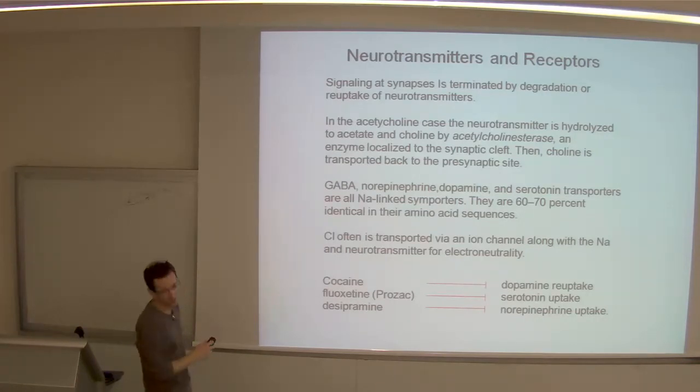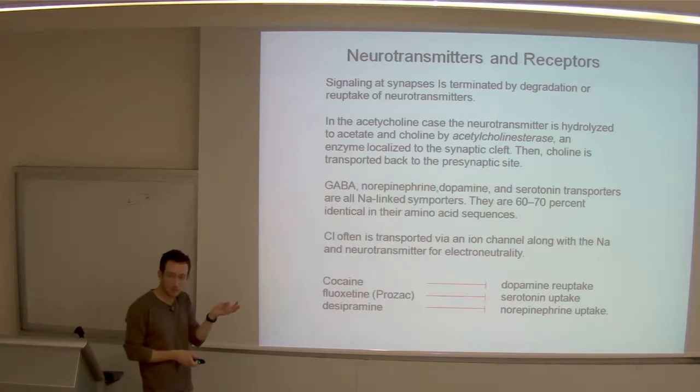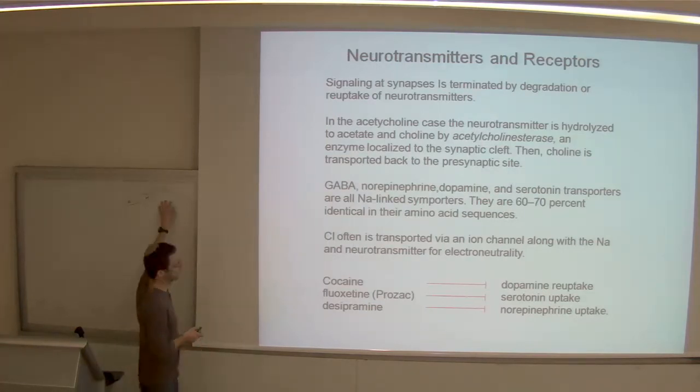Okay, and in plenty of neurotransmitters, GABA and epinephrine and so on, we have transporters, as we saw in the previous slide, that reuptake the neurotransmitter back to the presynaptic site, which again would remove the neurotransmitter from the synaptic cleft.